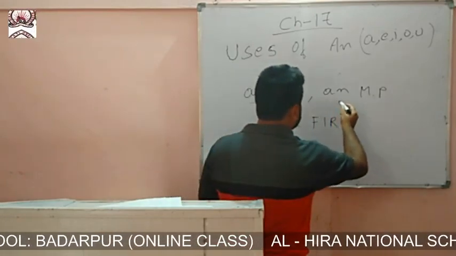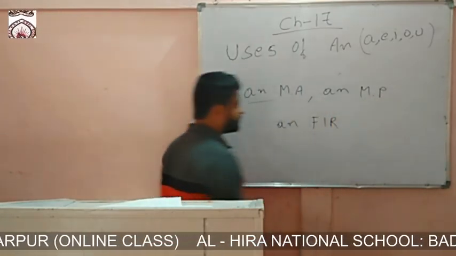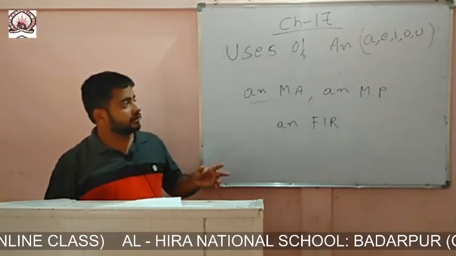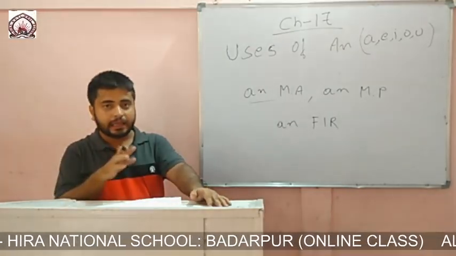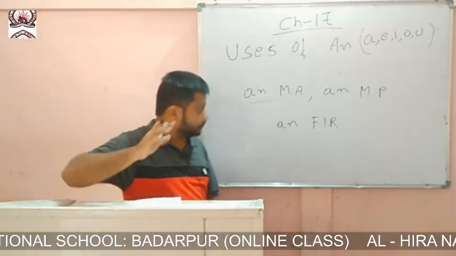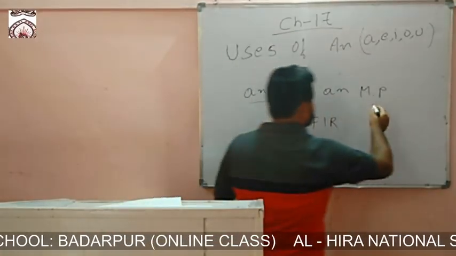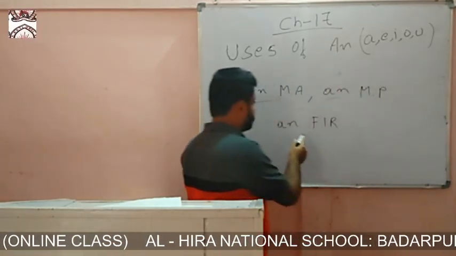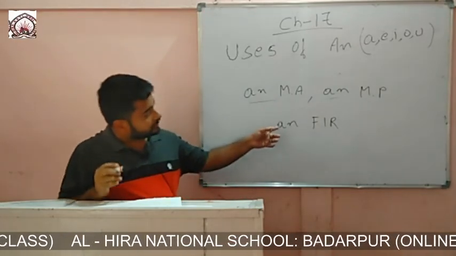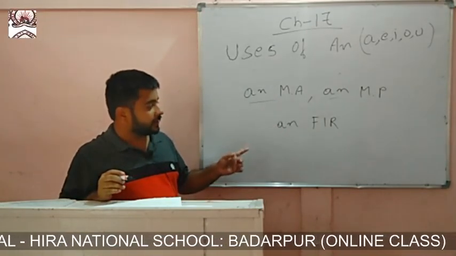If you look at the second example, the sound is also like the first one, MP, so "e" is coming, which is a vowel. So I have written "an". And you can see the third example, I have written "an FIR".